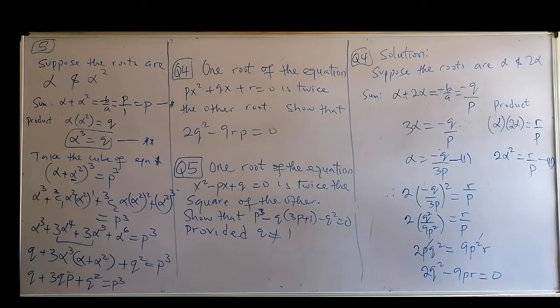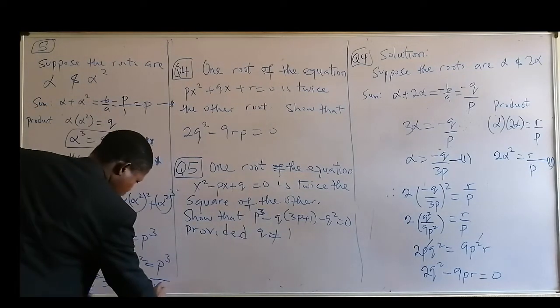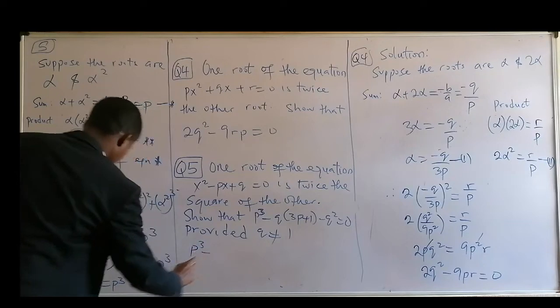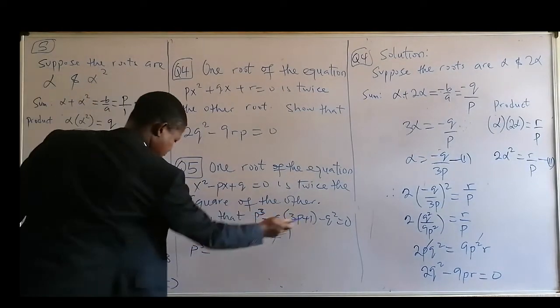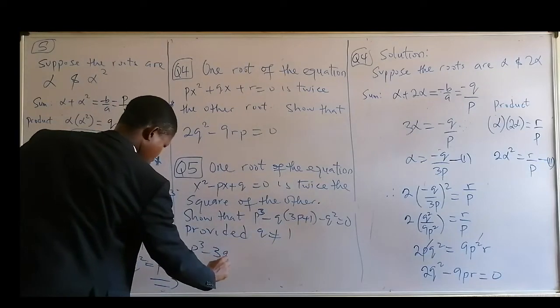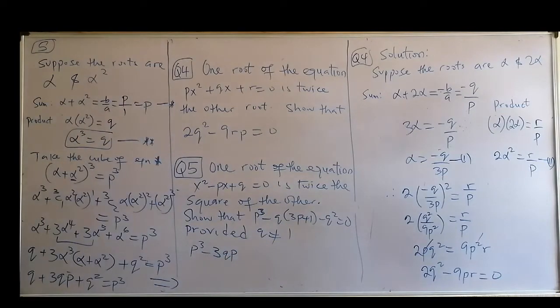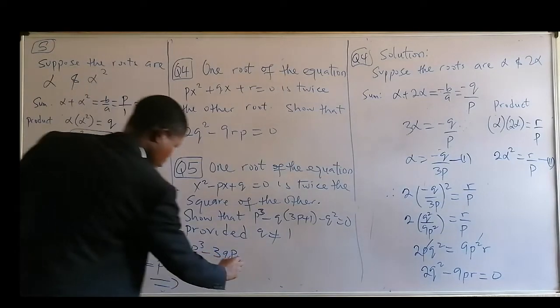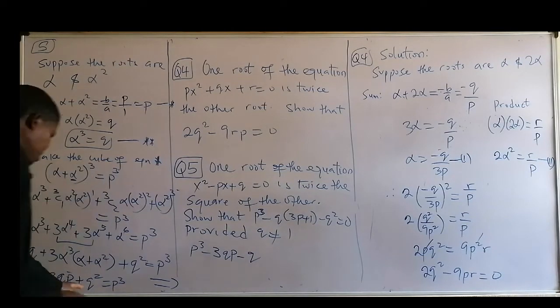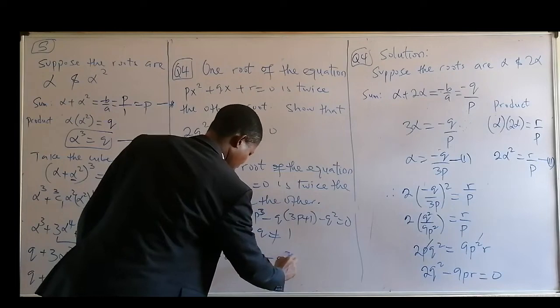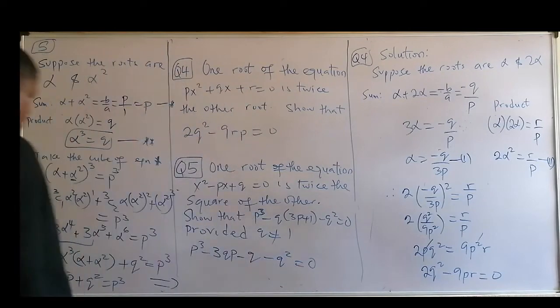So let's move the left hand side to the other side, and that will be equal to p cubed minus 3qp, then minus q, then you have your q squared isolated, minus q squared equal to 0.